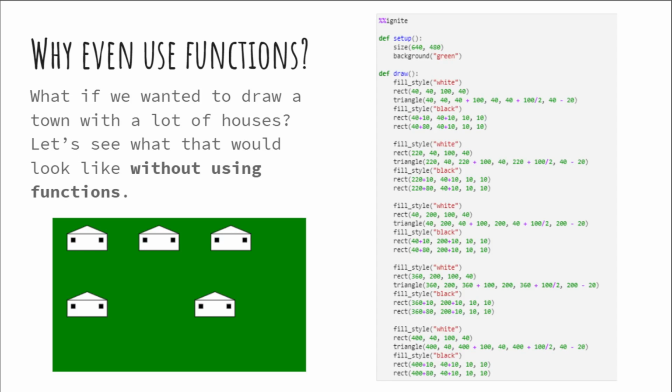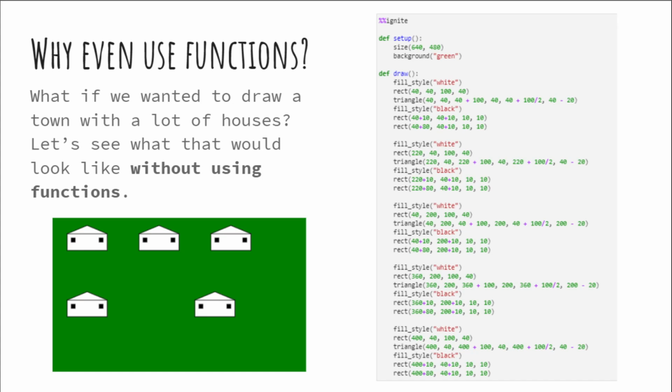So when you first start learning things, it can seem a little bit strange to use functions because they don't really seem all that useful, because you can just write the code a few different times and that works just fine.